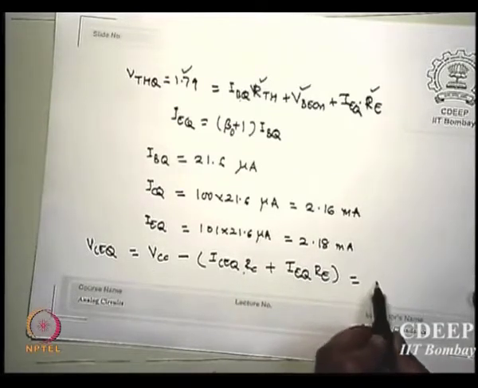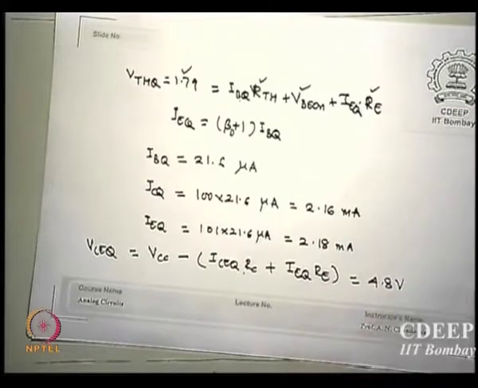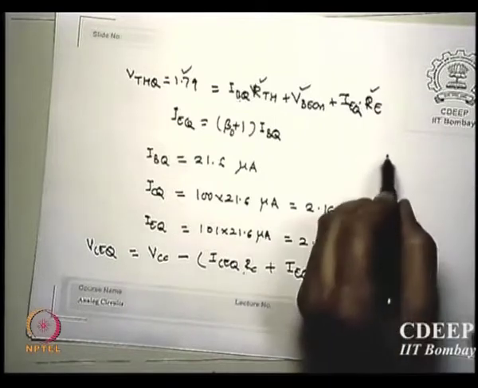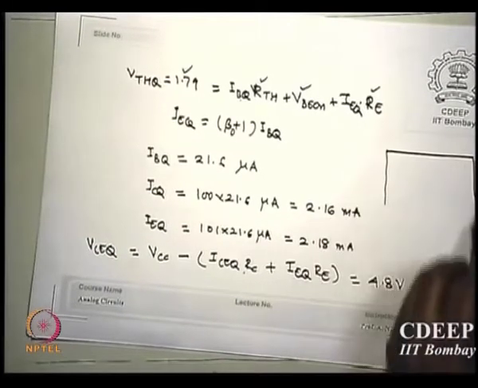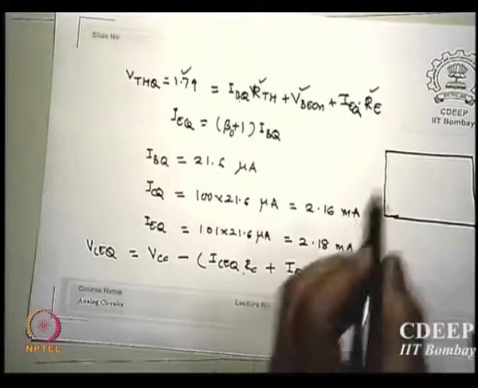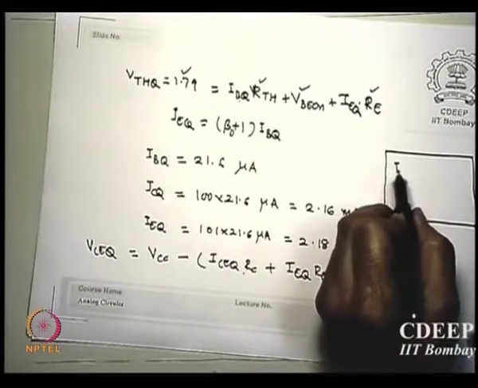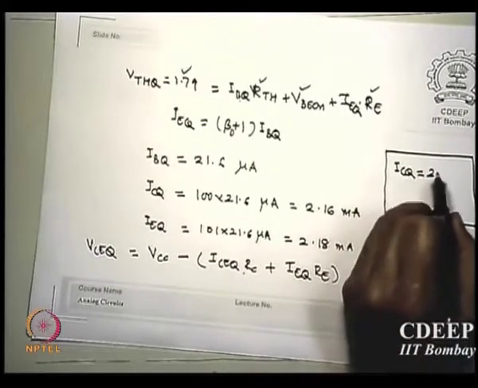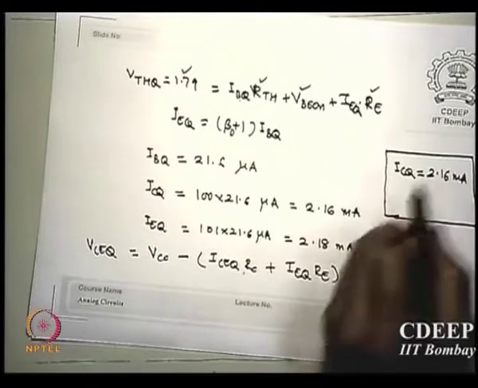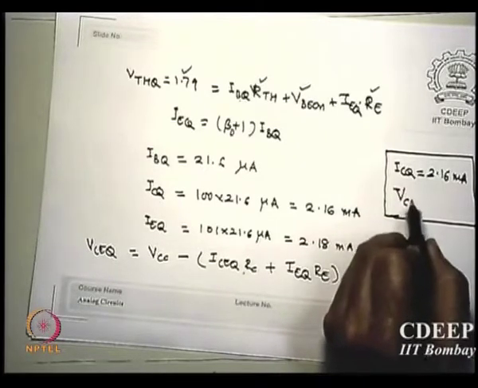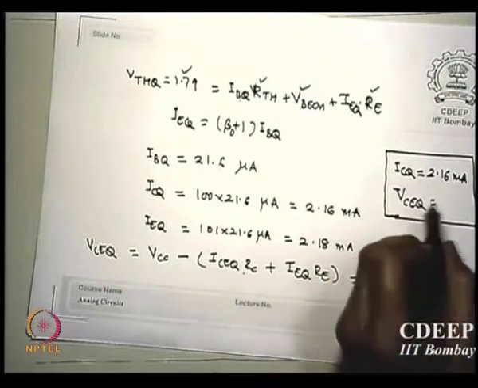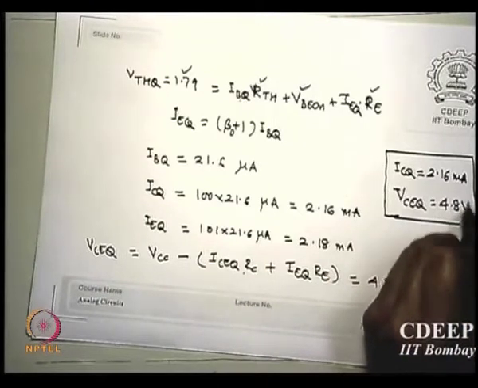So this value I get is 4.8 volt. So what is the operating point for this? How do I specify the operating point? ICQ is 2.16 milliamp and VCEQ is 4.8 volts.